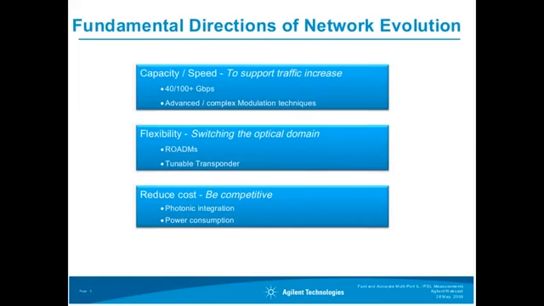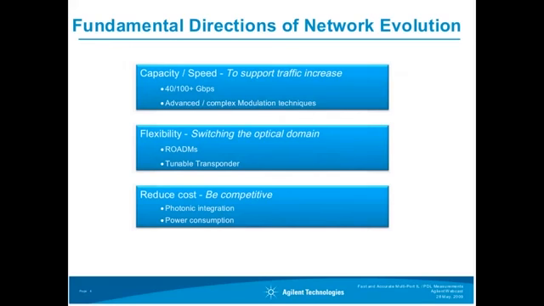and therefore also causes a significant evolution of the network. And the fundamental directions of this evolution can really be summarized in three main categories. One category is the capacity, speed, needs to increase all the time.